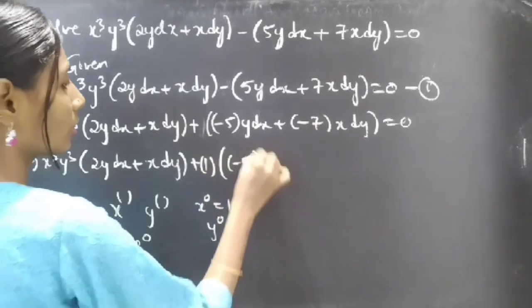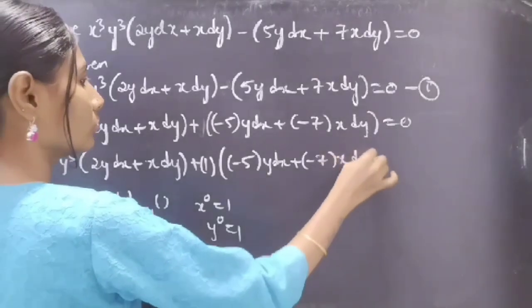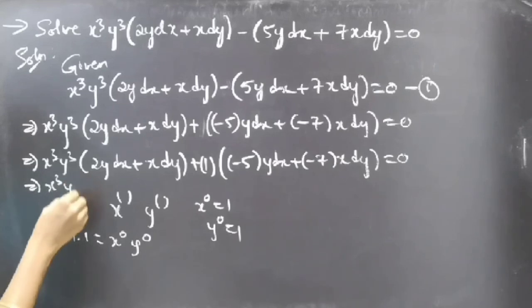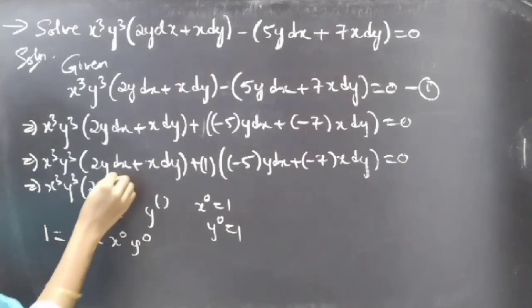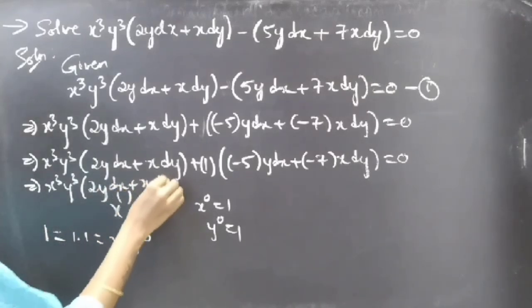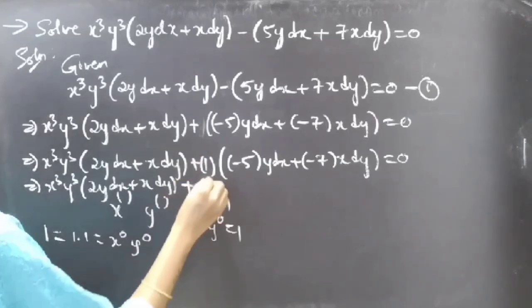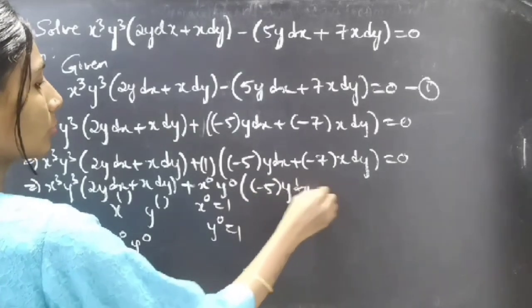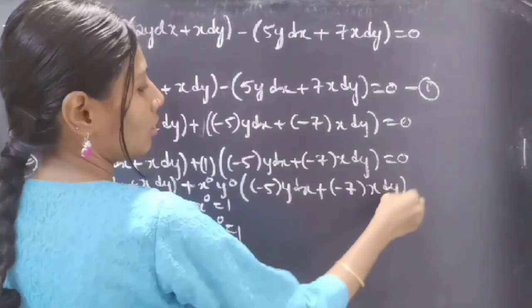I'll write one more step. You can just skip this too. I'll replace this 1 by x power 0 into y power 0 into minus 5y dx plus minus 7x dy equal to 0.